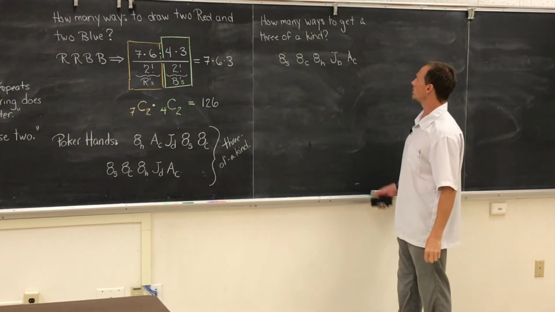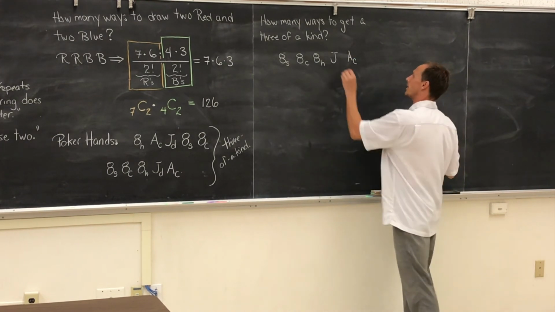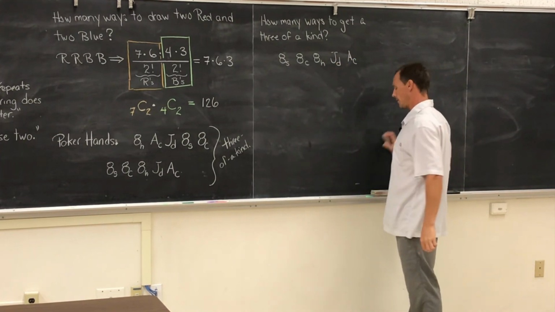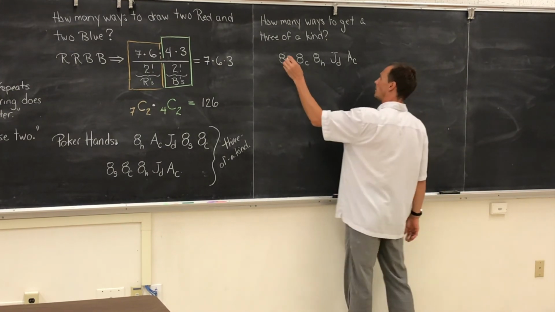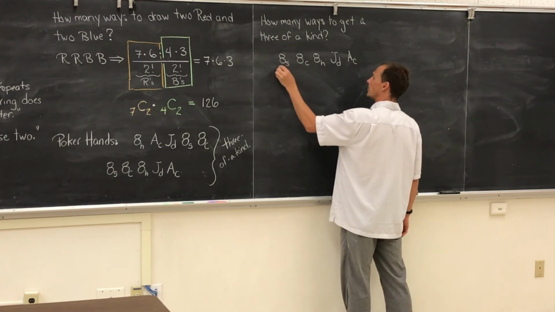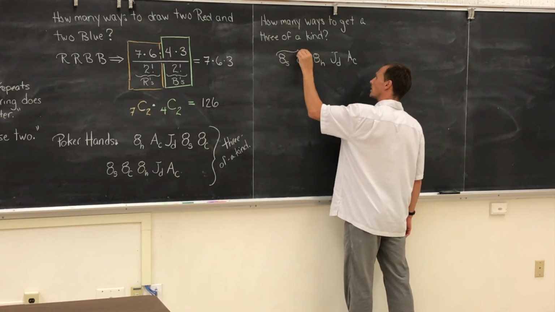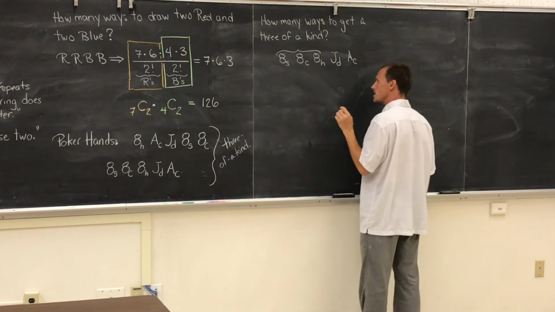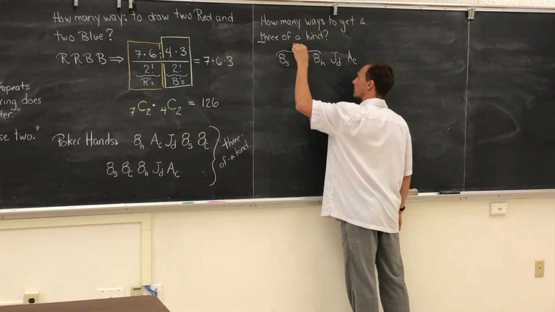Now, here's a couple of different things I want to think of. I'm going to think of the 8s as my 3 of a kind, so I'm going to label it as a T, 3 of a kind.